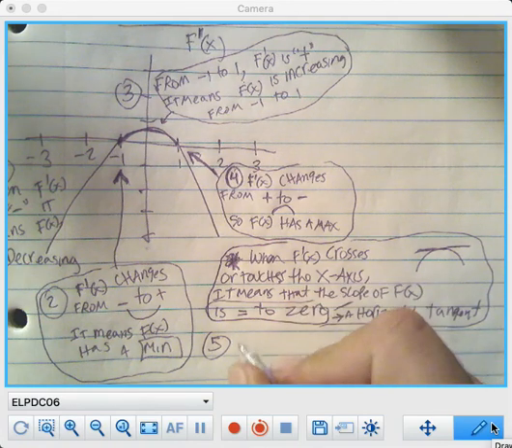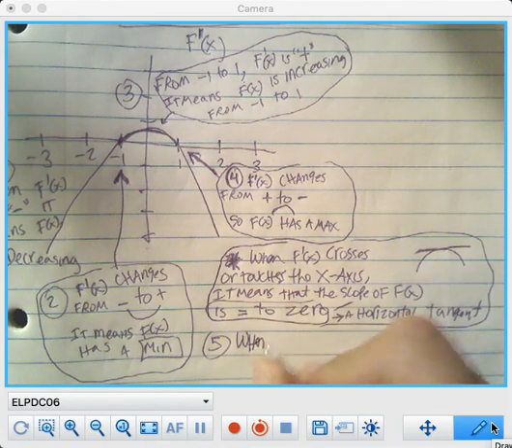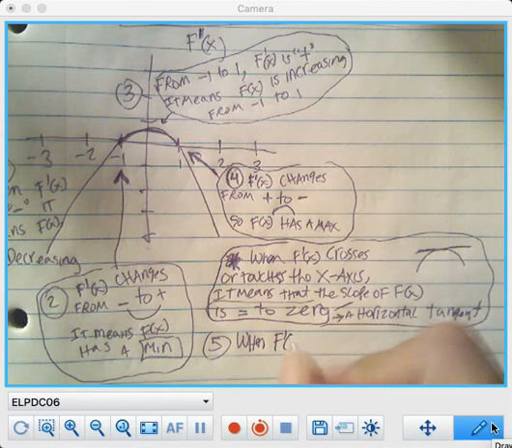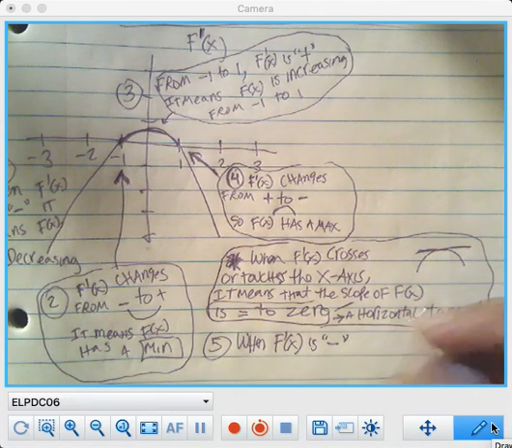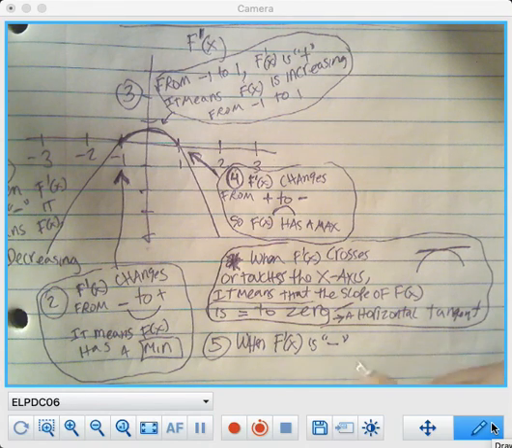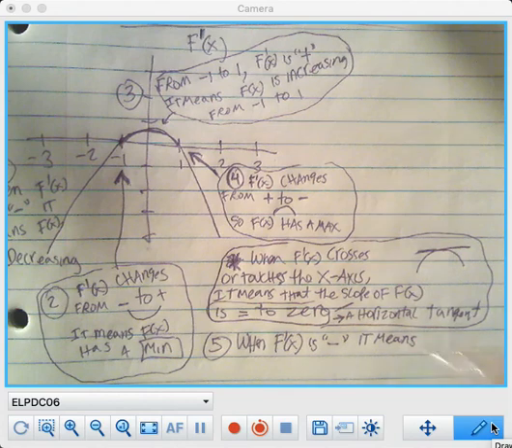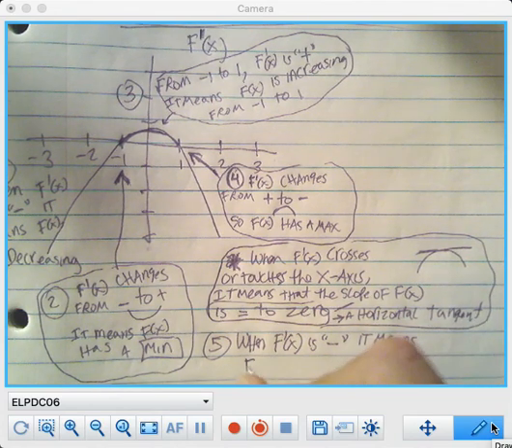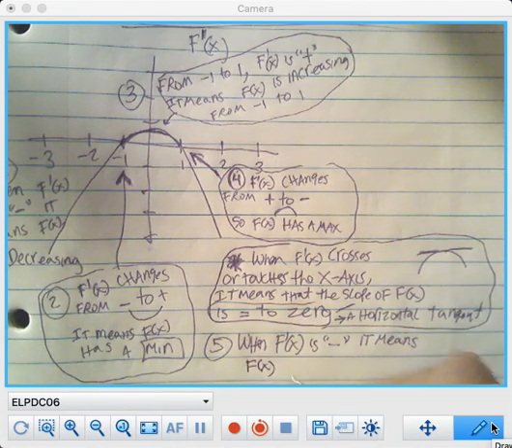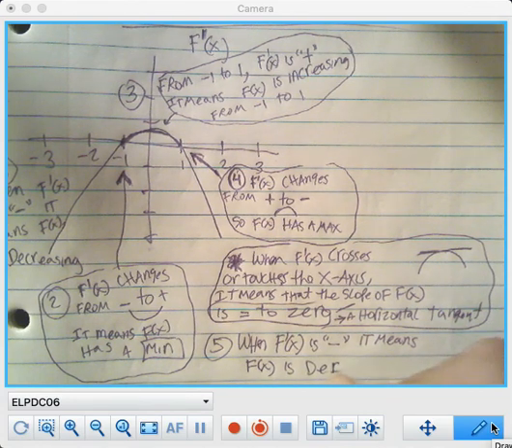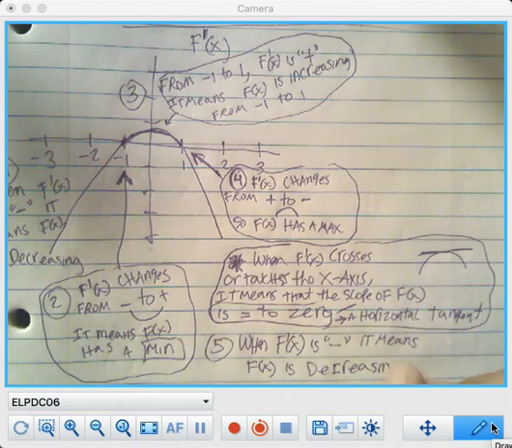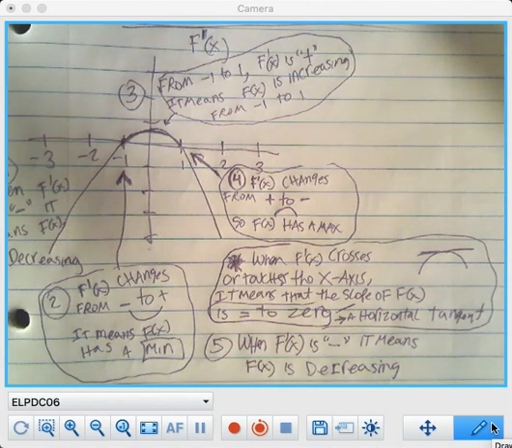When f prime is negative, it means f of x is decreasing. Okay, so here we go.